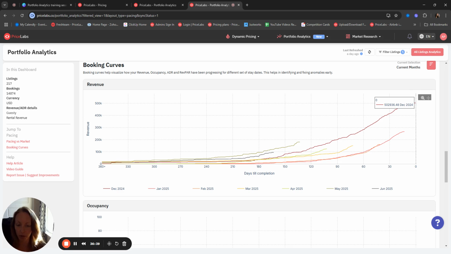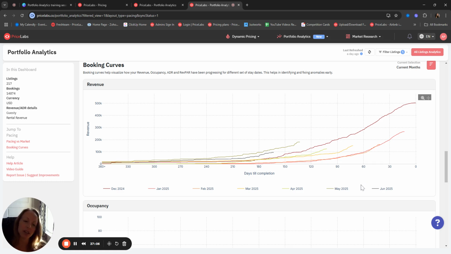So it's looking at December 24, and yes, it's come to completion. This January line is showing that there are 13 full days left in January of 2025. That is why it's ending there, because we're not yet to 0, right? So it's showing you, from about a year in advance until the month comes to completion.